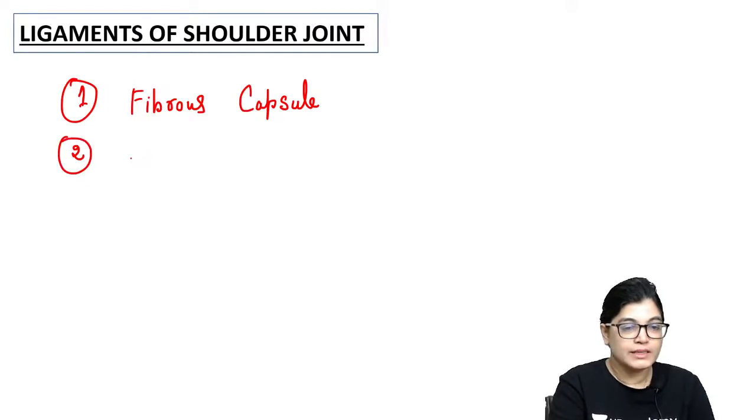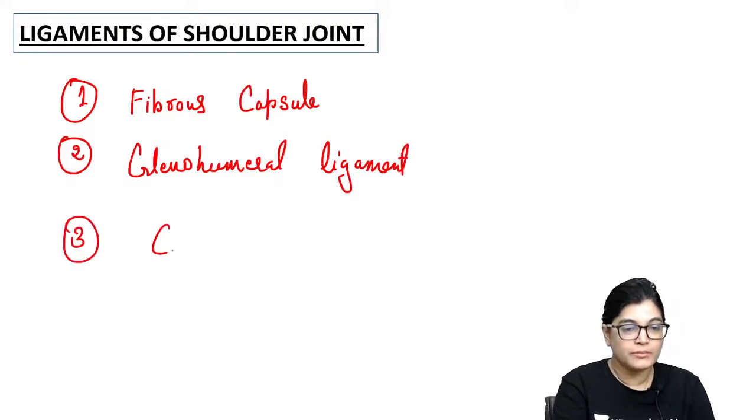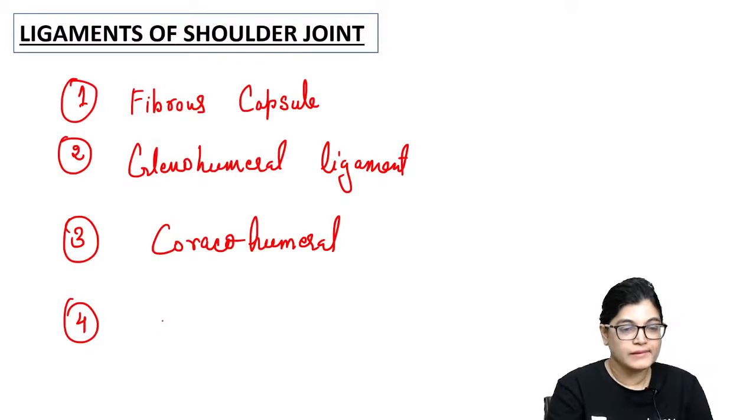The second is the glenohumeral ligament. Also we have got the coracohumeral ligament, which we are going to study in detail.